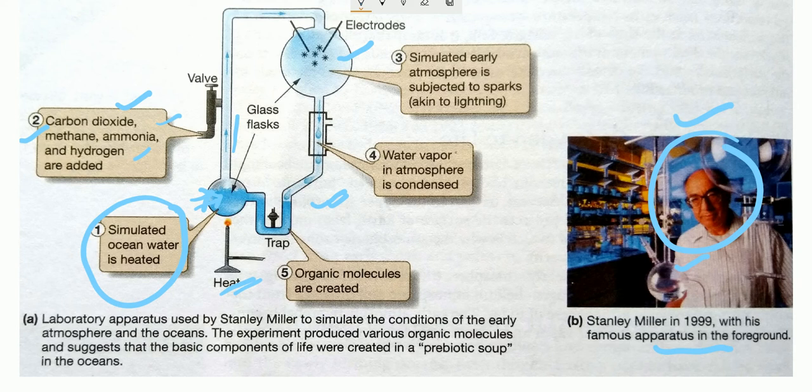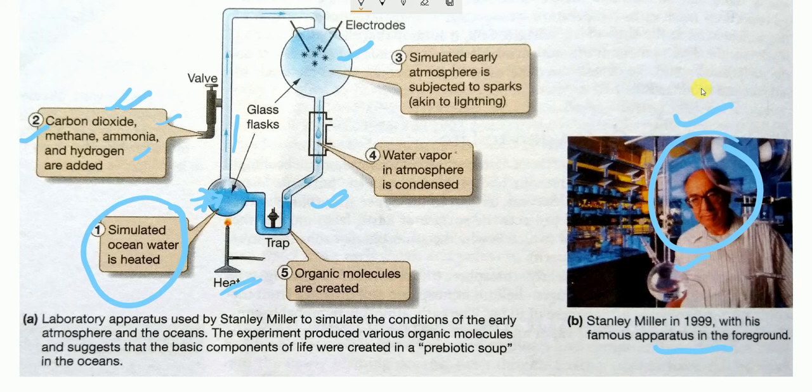You must know that lightning was very important. Thundering and lightning in the early atmosphere were very important for the origin of life. Because of that process, a chemical reaction took place between these gases and the water vapor.